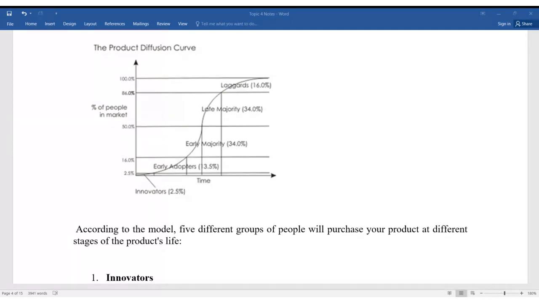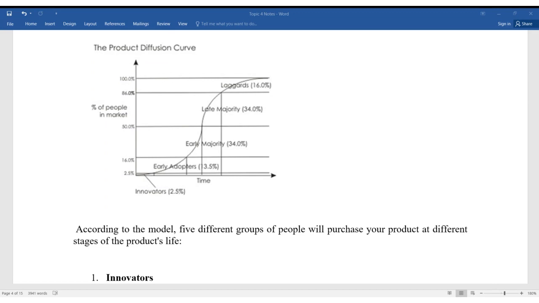They tend to be a small group of people within the market. Now, one thing that you need to know about all these members are their characteristics or what drives them towards adoption of products.